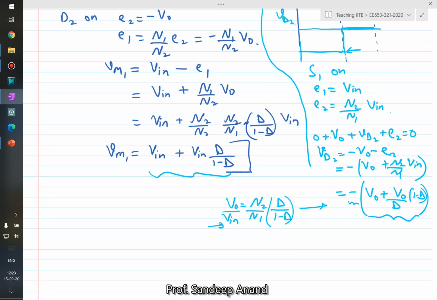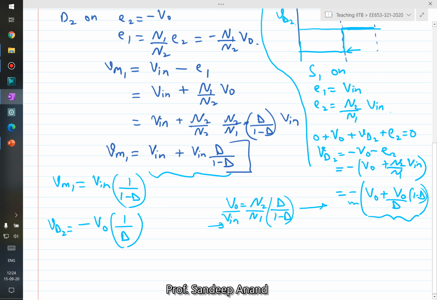So now we need to understand how these things vary with duty cycle. So I can simplify this expression Vm1. I can write it as Vin into 1 upon 1 minus D, and I can write the blocking voltage of VD2 as minus VO into 1 upon D. So you see the blocking voltage of the MOSFET, as we increase the duty cycle, the blocking voltage requirement also increases, right?